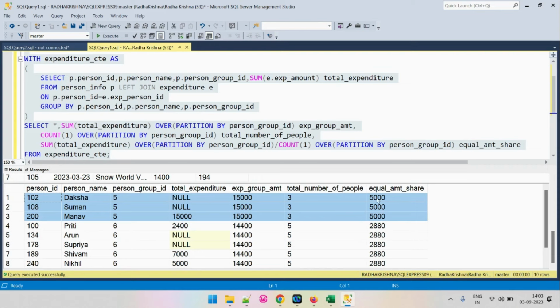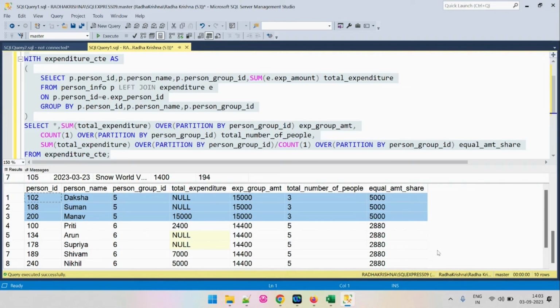So this means that in this group, everyone has to pay 5,000. But some people have already done the expenditure, which means they have to receive the amount, right? For example, Manav has already paid 15,000, but he had to pay only 5,000. So that means he has to receive 10,000.